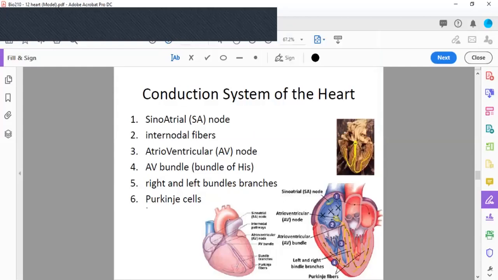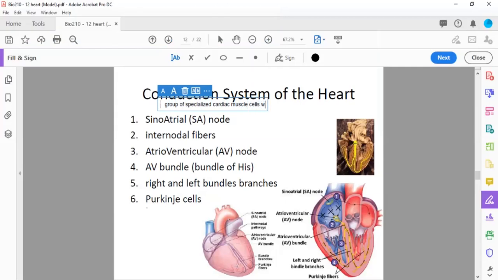So moving on to the conduction system of the heart. As I mentioned a while back, the conduction system of the heart is a group of specialized cardiac muscle cells with the ability to generate electrical signals to innervate the heart muscles involved with relaxation and contraction.